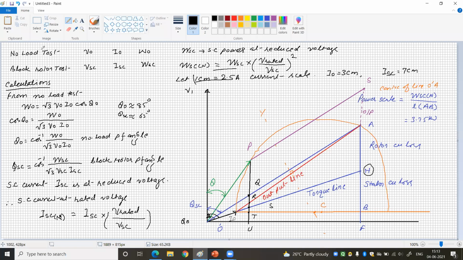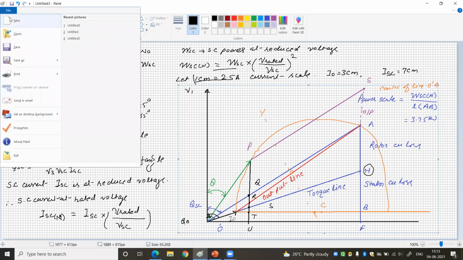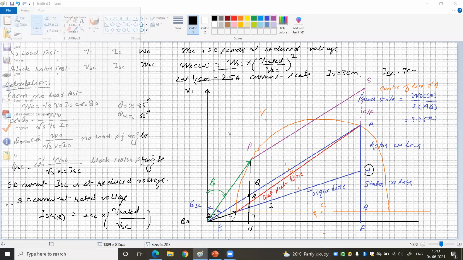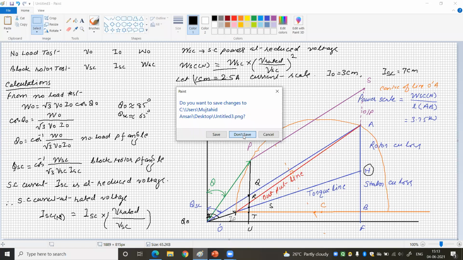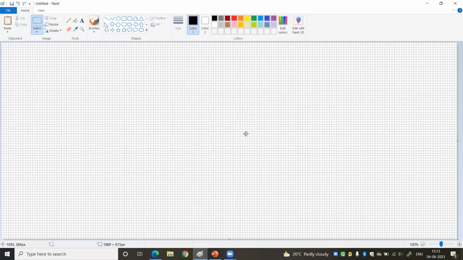Now we will discuss the calculation from the circle diagram. So now this is our circle diagram which we have already drawn.